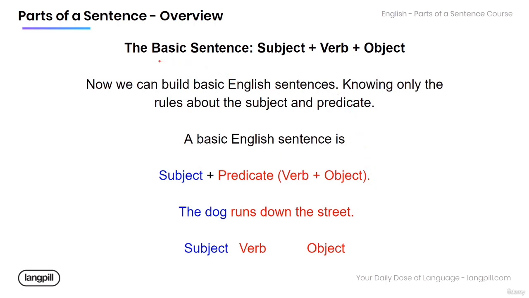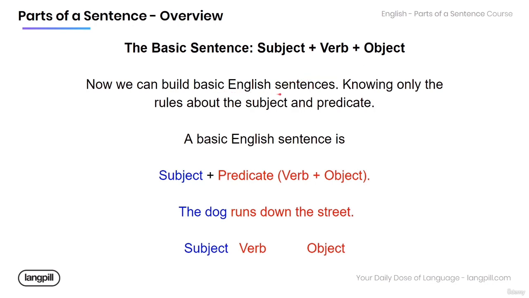So now you know how to make the basic sentence structure in English. It is just subject plus the verb plus the object in this order. Other languages will move this order around, but in English, this is the order you should follow. Subject, verb, object. And where verb and object we call the predicate.